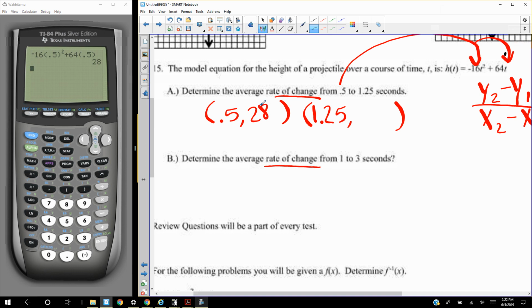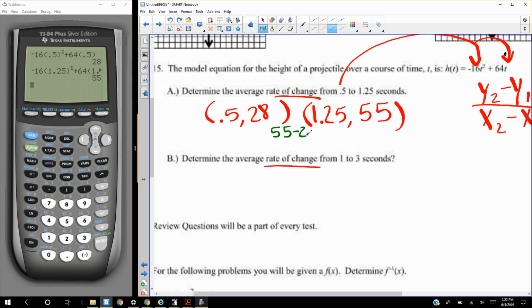So I got 28 when I plugged in 0.5 for t, and then I'm going to plug in the other x coordinate, 1.25, for t, and figure out the output value at 1.25 seconds. That's 55. And now I can find the rate of change. So subtract the y values.